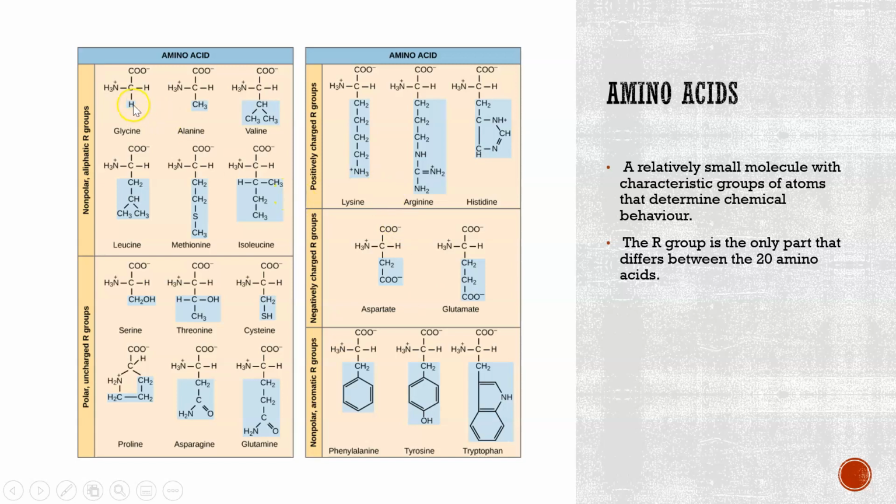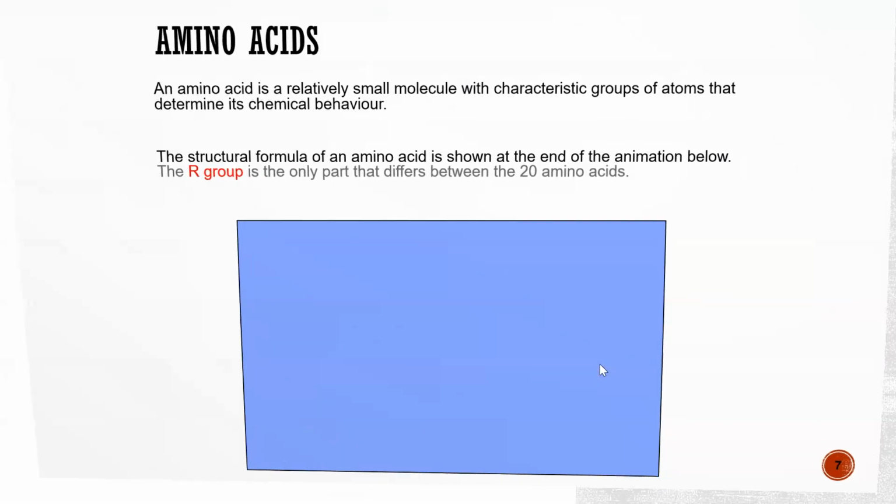The R group is highlighted in blue on these diagrams. If you look, the rest of the amino acid structure is the same in each of them. So these blue areas are the R groups, and you'll see all these amino acids have different names underneath them. That R group is the thing that makes them different, remember.